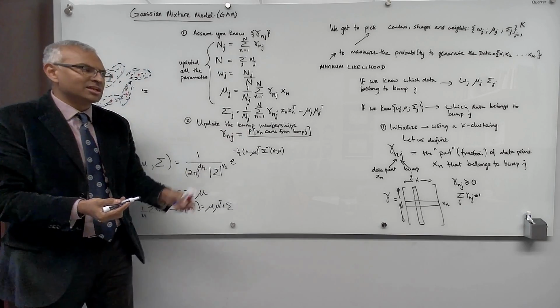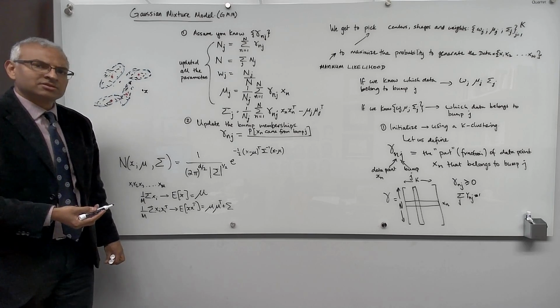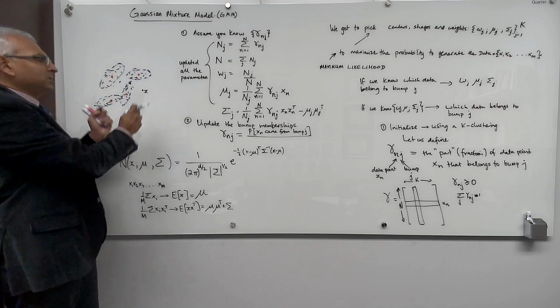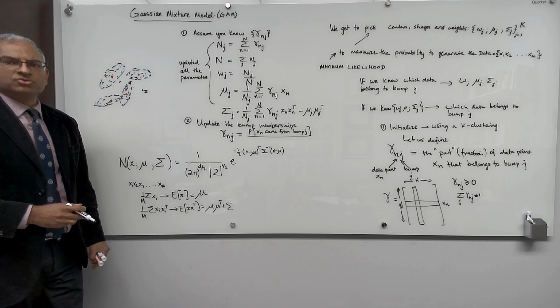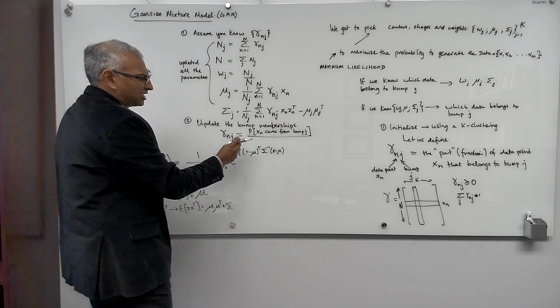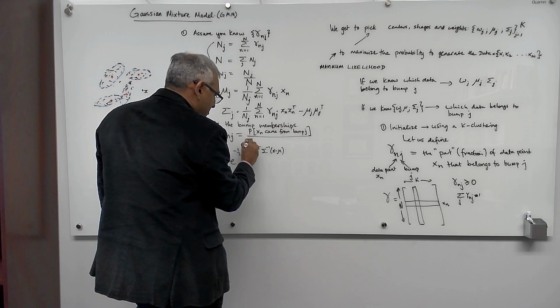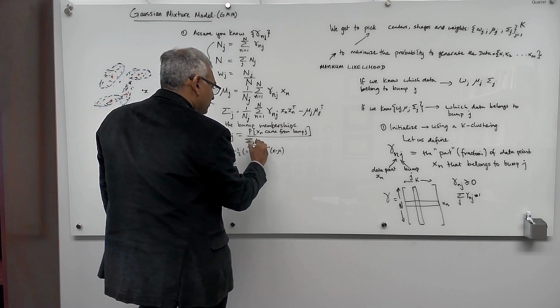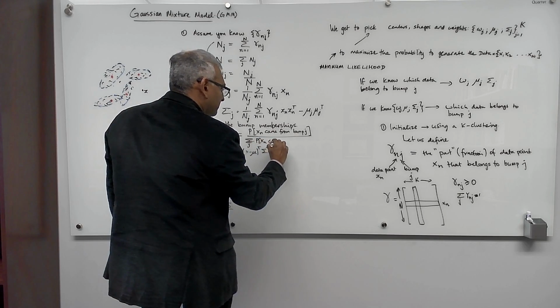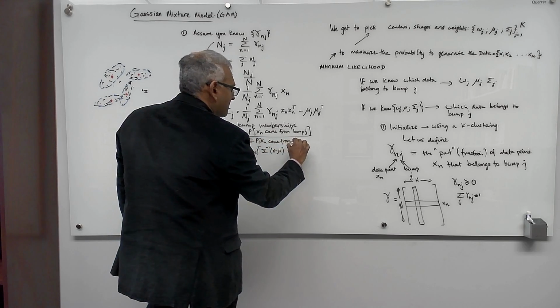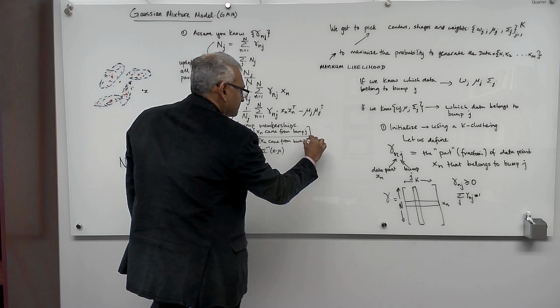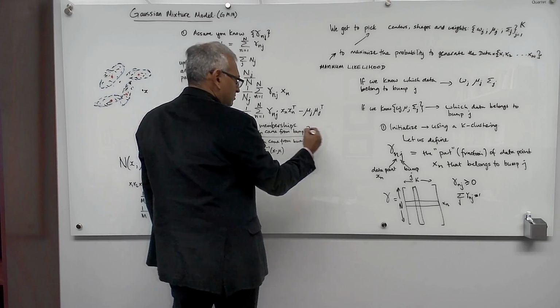So this is the probability density that xn came from bump j divided by the sum of all the probability densities for each bump. In other words, normalized, so that it must have come from some bump, divided by the sum over j of the probability that xn came from bump j.